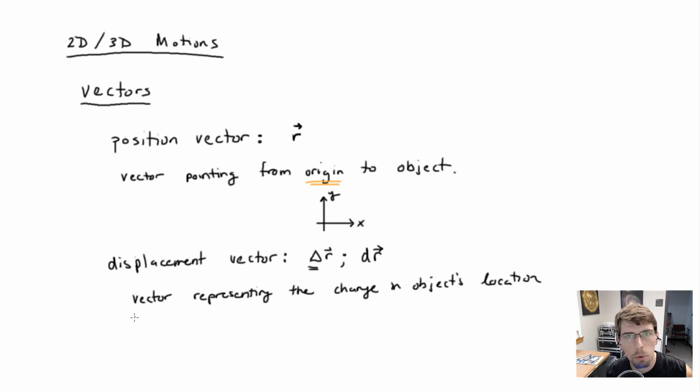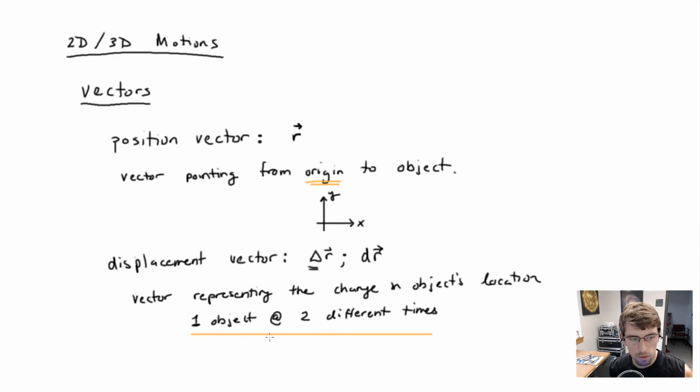Okay. That's kind of boring. What I will highlight here is notice that you're dealing with one object at two different times. Okay, let me underline that. One object at two different times. In fact, I'll double underline it. And you'll see why in a second.